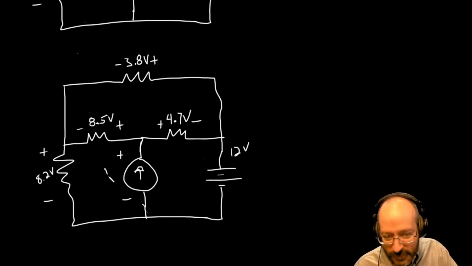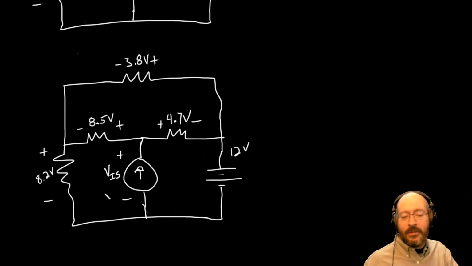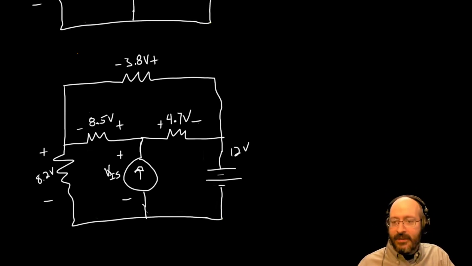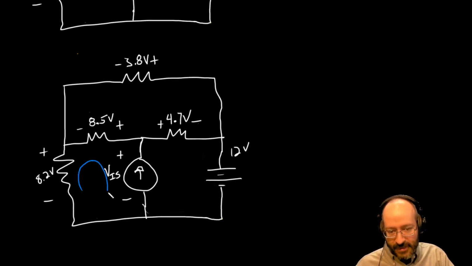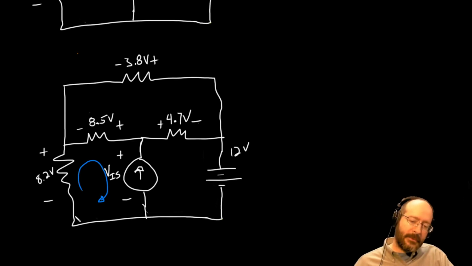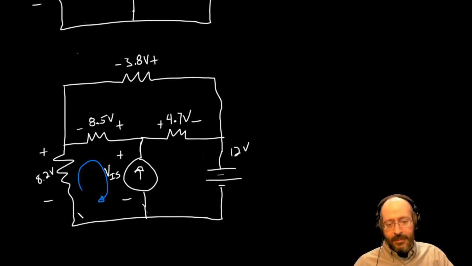And I don't know what that voltage is. I'm just going to call it V sub IS, the voltage across the current source. I usually try to write the shortest loop that I can, so let's just go around this one. I have 3 components in that loop. This one also happens to be a mesh. I have 3 components in that mesh, and I'm going to have 3 terms in my equation, and that's going to look like this.